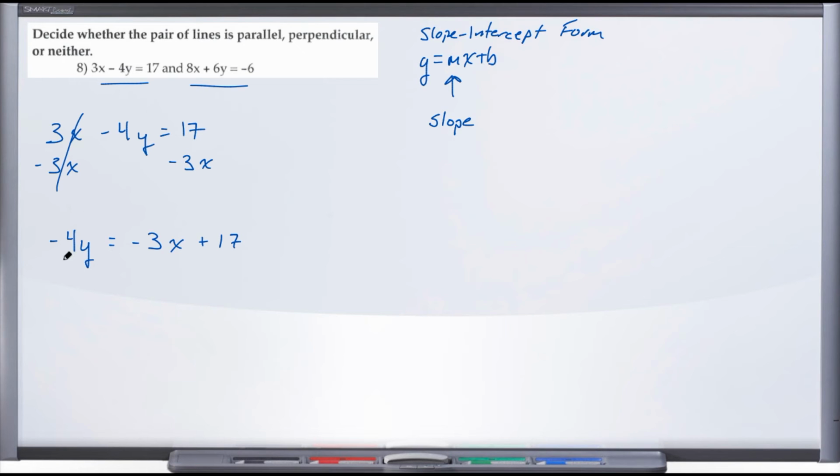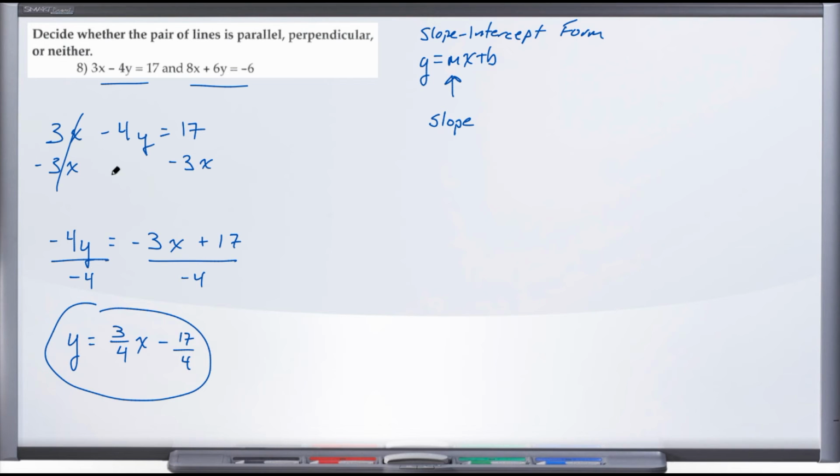And then finally, solving for y, we'll divide by negative 4 on both sides, and we're left with simply y equals positive 3/4 x minus 17 over 4. And again, this is the equation written in slope-intercept form. So this and this are saying the exact same thing, just in two different forms.